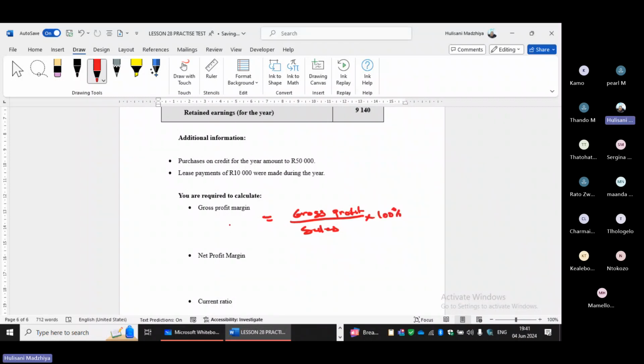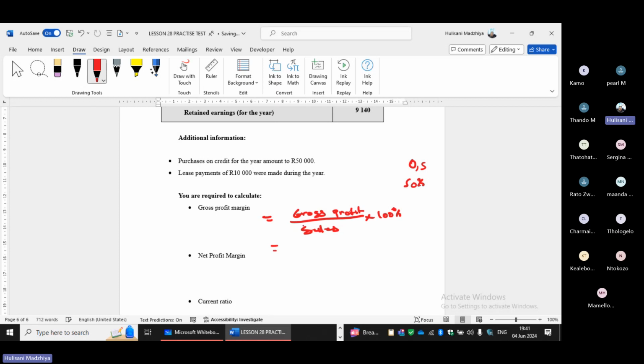So gross profit, net profit, return on equity, or return on average owner's equity, they are all in percentage format. So this means that your final amount should be in percentage format. Do not leave your amount as 0.5. Make sure that you write it as 50%.